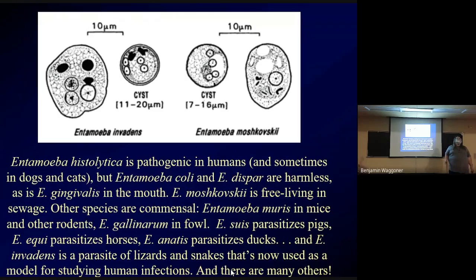And I'm sure there are lots more species out there that nobody has really bothered to go looking for. And as you see, many of them are commensal, and they're not ever likely to cause symptoms that would make you want to go looking for them. So this is a group that's probably a lot more diverse than we suspect.